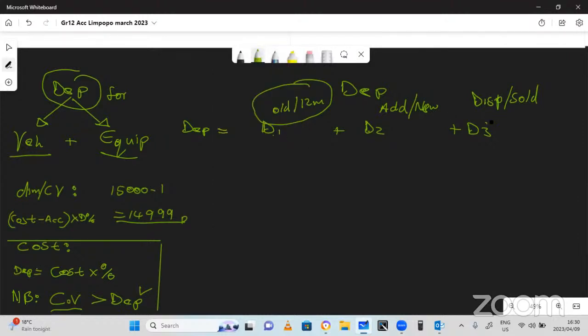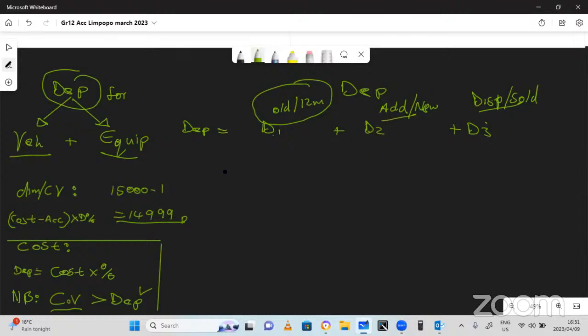I normally start at the back and do a reversal, because it's easier that way. You'll be given information for depreciation for the asset disposed, and information for the new asset as well.